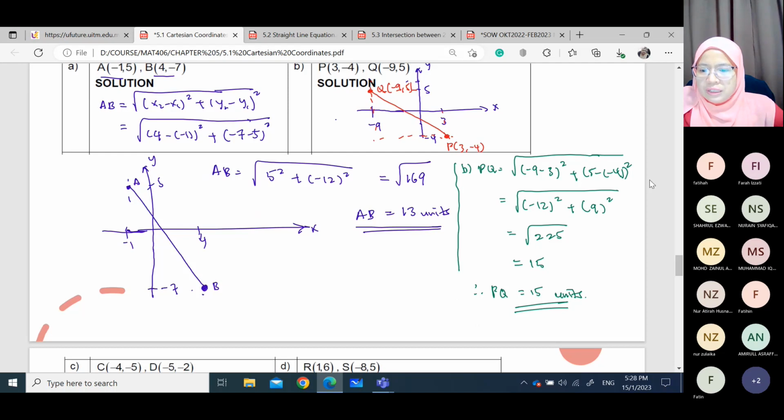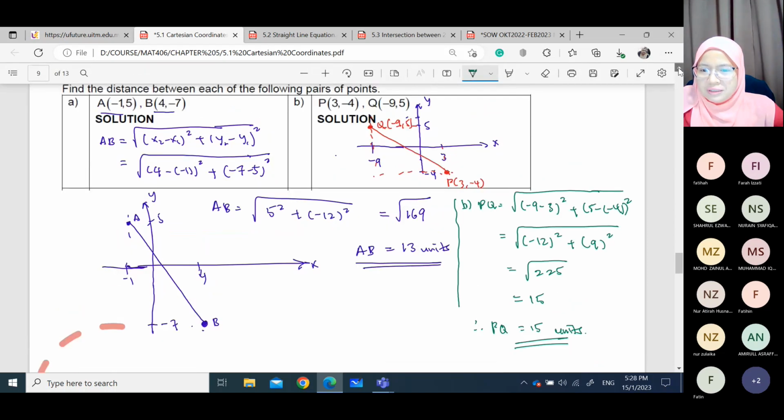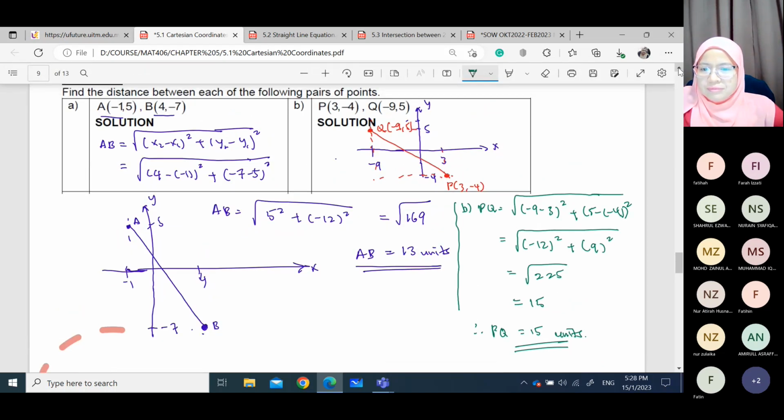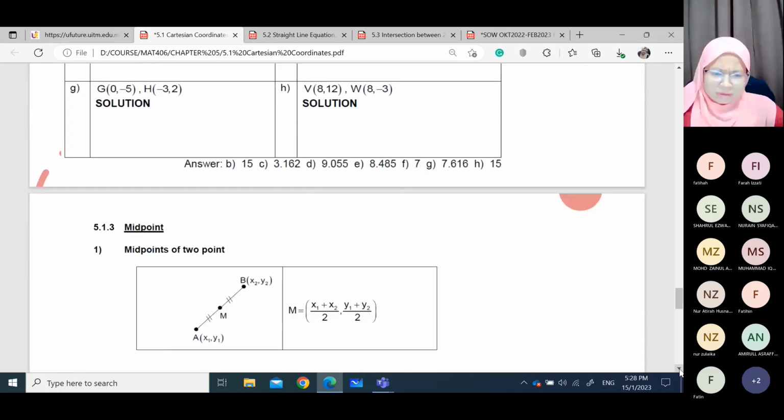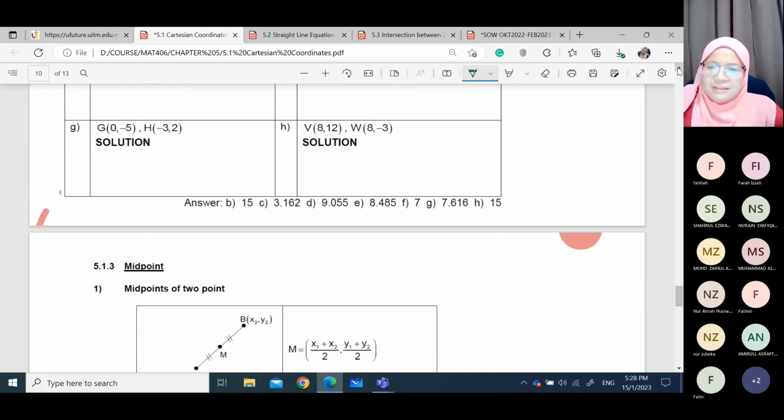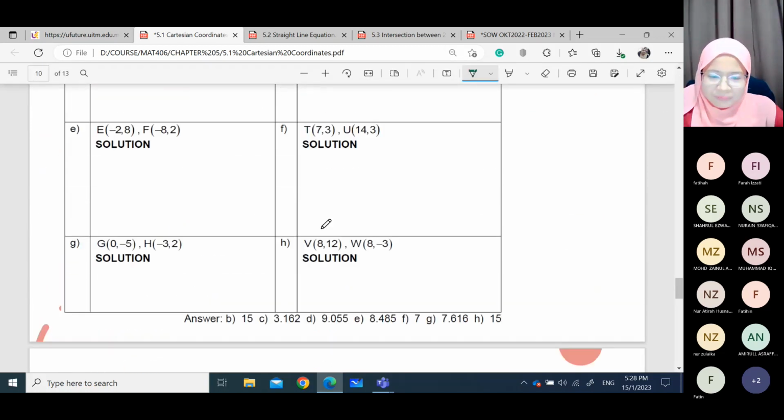Okay, ada soalan tak untuk ni? Boleh buat. Okay, so yang ini salinan nanti saya akan share. So nanti you buat, you boleh tengok. Jawapannya dekat bawah ni.